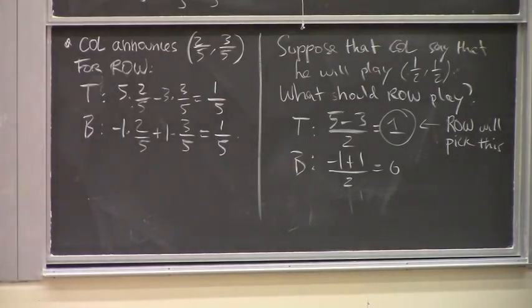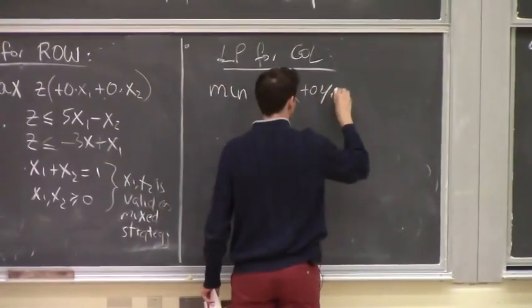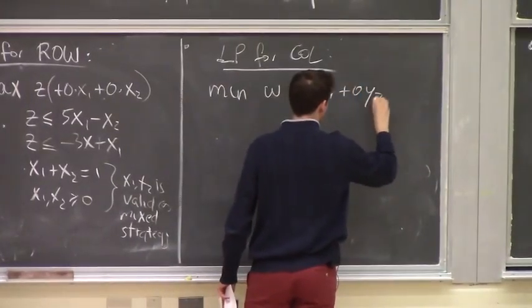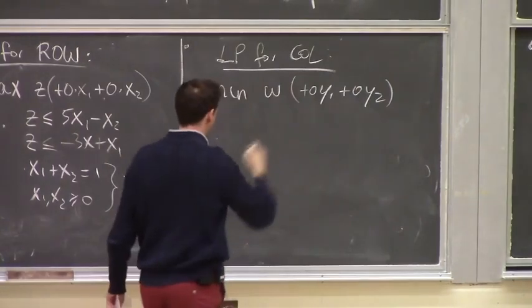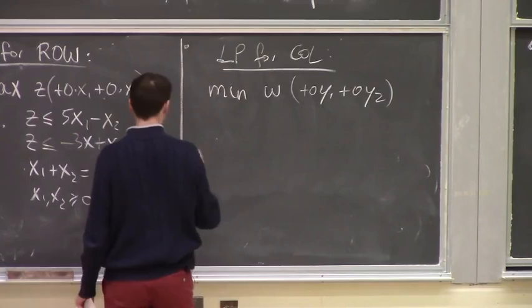Okay. So then we also have the linear program for the column player. So we're going to also use a so-called auxiliary variable, min w. Okay? And of course, implicitly here, we also have 0 times y1 plus 0 times y2, which is a linear function of the variables w, y1, and y2, except that y1 and y2 are not participating.